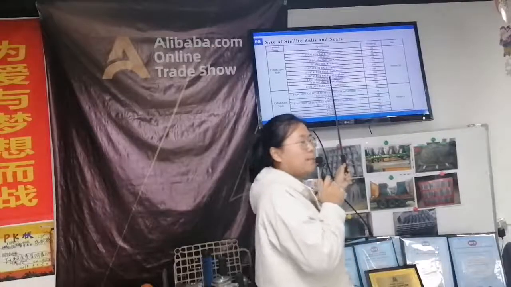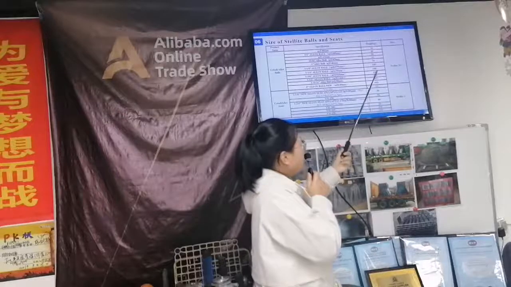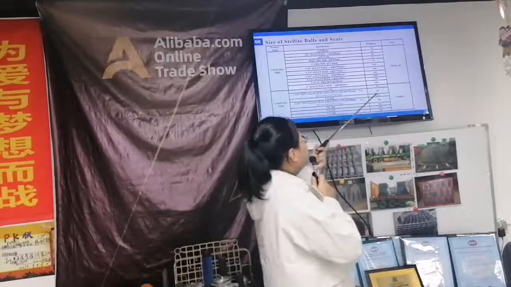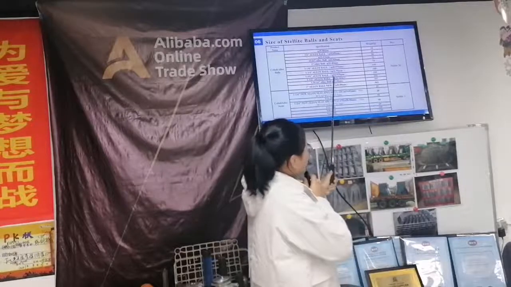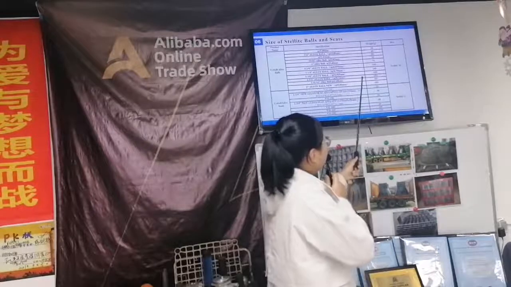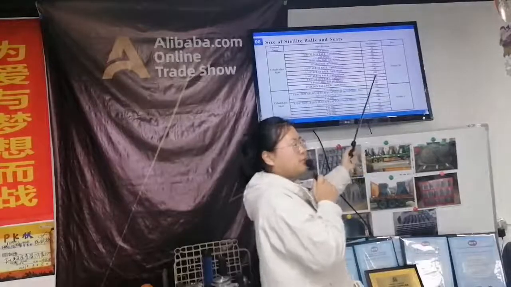Diameter 31.75 millimeter. The unit weight is 135 grams. Diameter 34.925 millimeter. The unit weight is 195 grams.